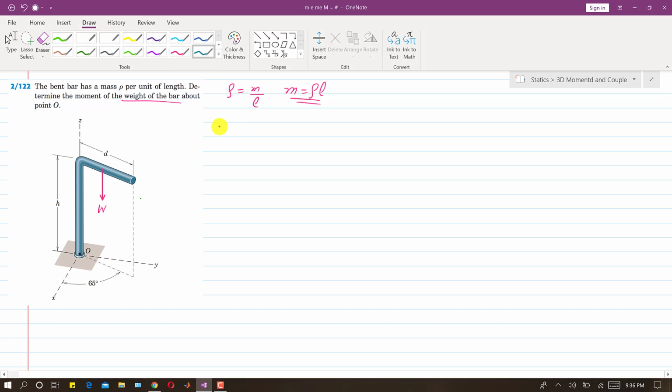If I write this weight, it will be equal to mass times g. This weight will be equal to the weight of this branch from this point to this point.